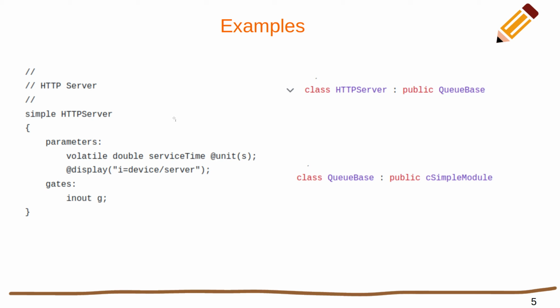Then the behavior is implemented as a class in C++ called HTTP server, and it inherits from another class called QBase, but then QBase inherits from cSimpleModule. So if the implementation of the simple module in C++ does not directly inherit from cSimpleModule, the parents of that class have to eventually inherit from cSimpleModule.